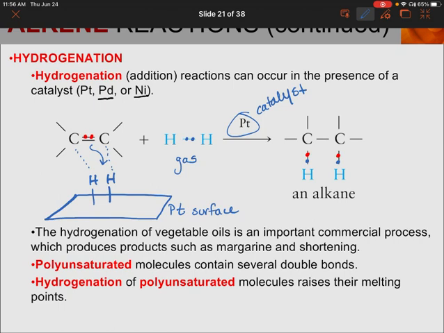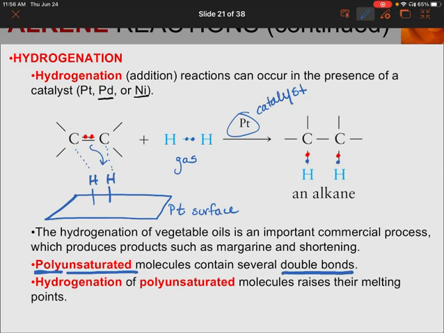Now, there are polyunsaturated molecules, and those will contain several double bonds that you could then add hydrogen to. Poly means that there's multiple or many of something, and unsaturated tells us that we don't have as many hydrogens as we could have, and that's due to those double bonds.